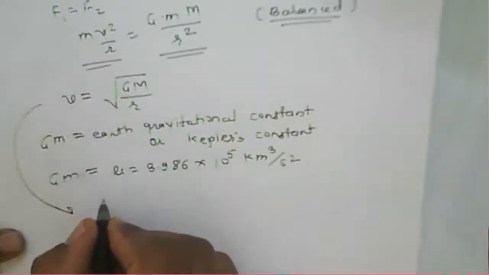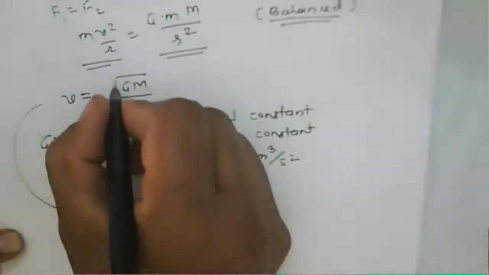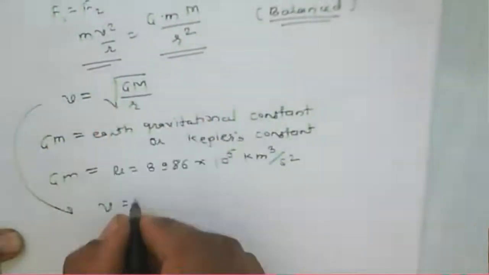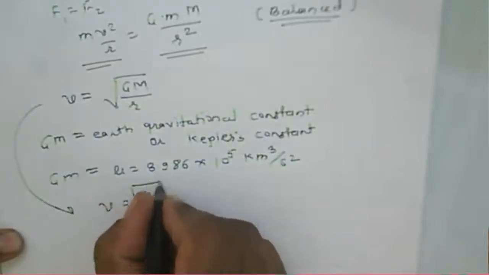So we rewrite the equation of the velocity again. GM is the gravitational constant mu, so v equals the square root of mu by r.